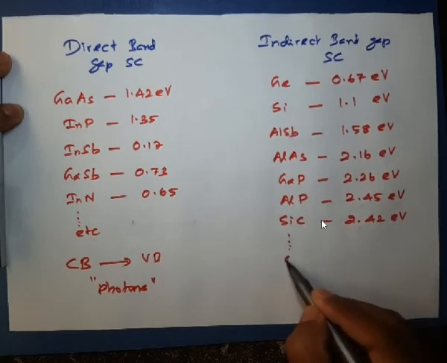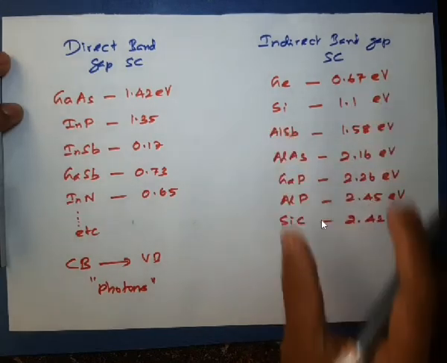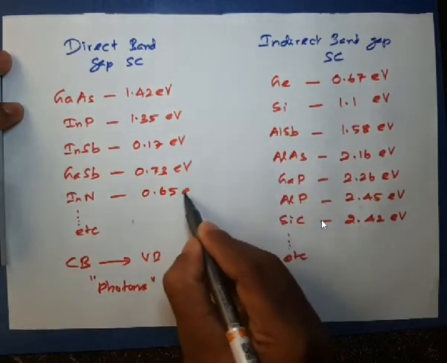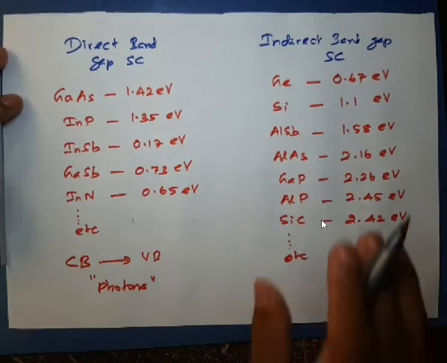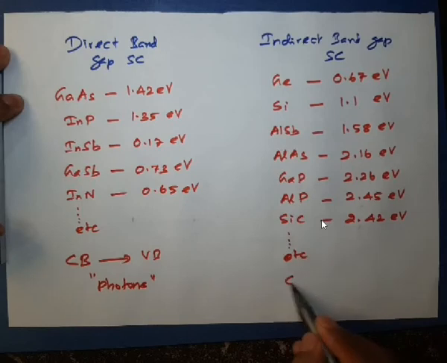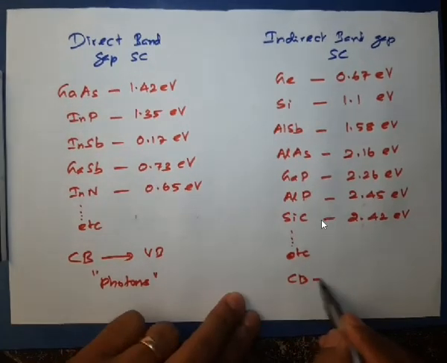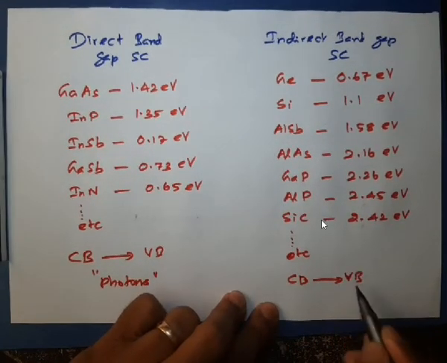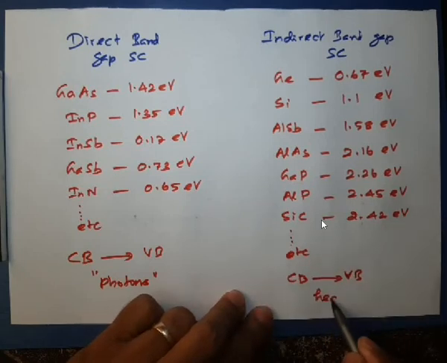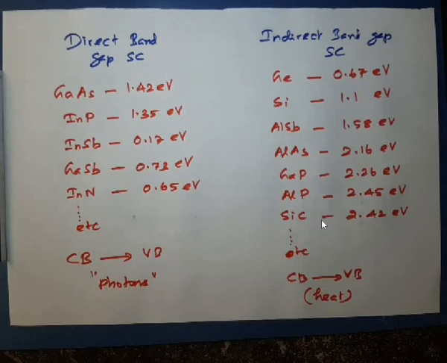We have many examples. I have given only a few here. And remember, in the case of an indirect band gap semiconductor, when electrons undergo transition from the conduction band to the valence band, the excess energy is released predominantly as heat.